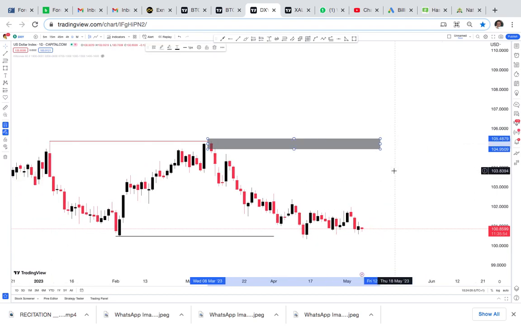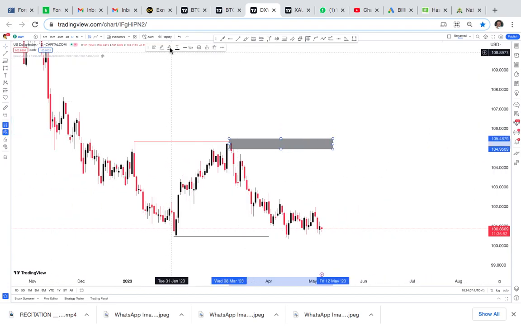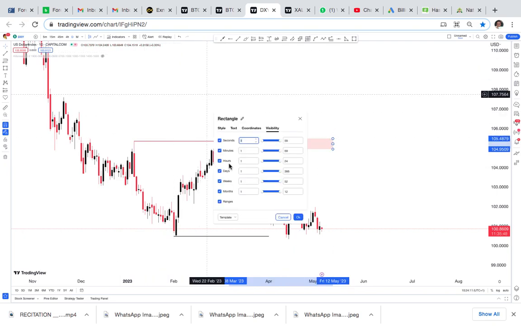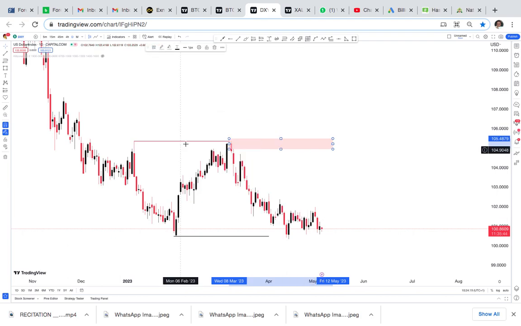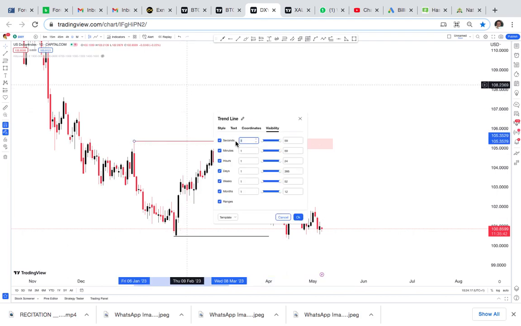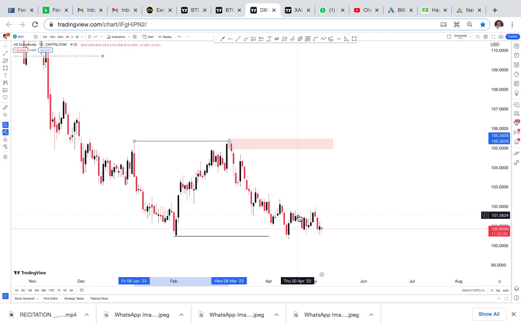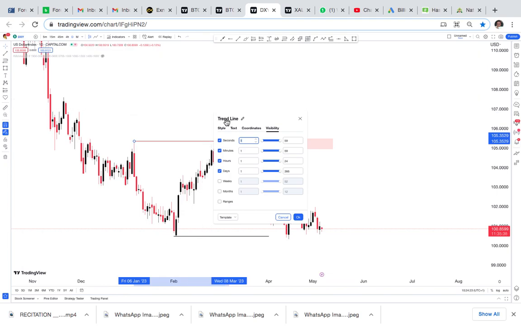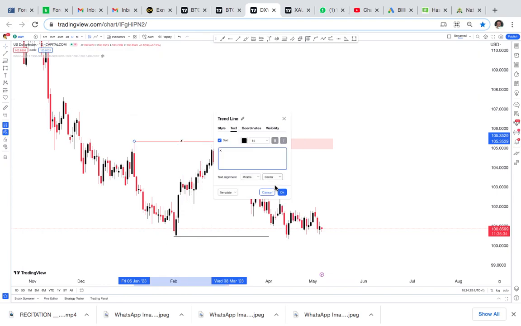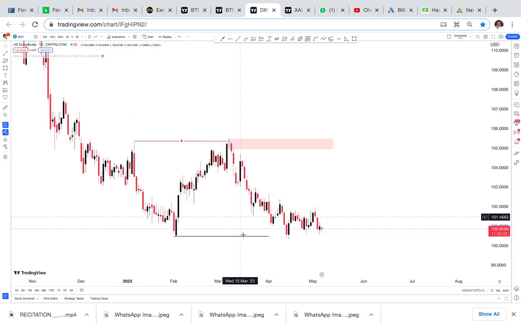It should be visible from daily downward, because this was the liquidity that you took out to sell off and break this.